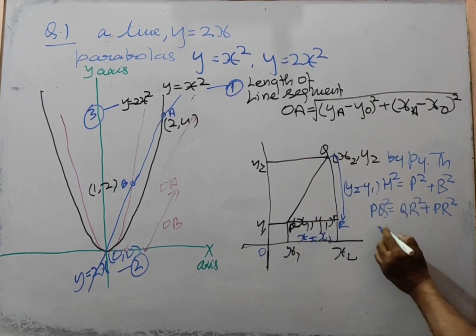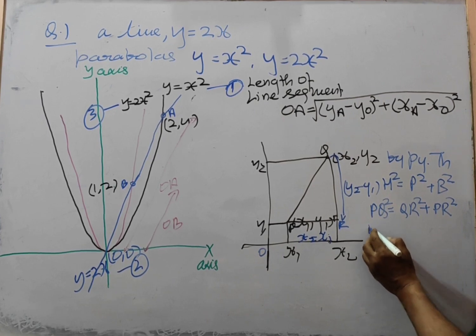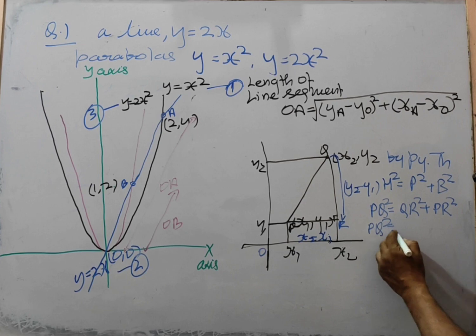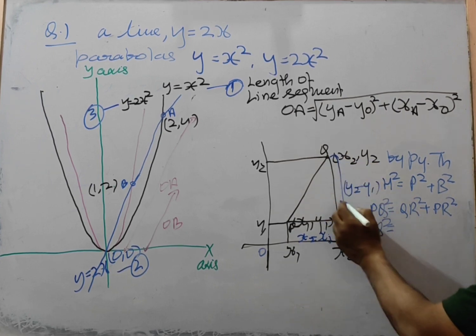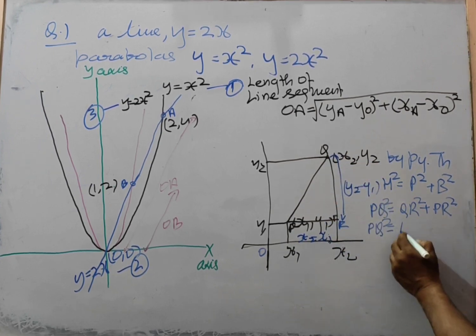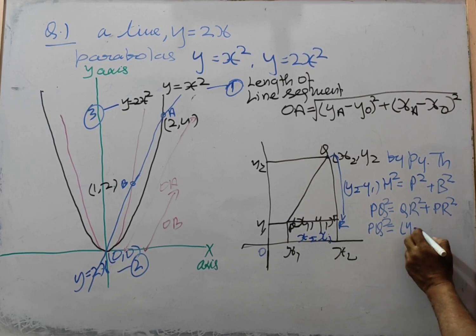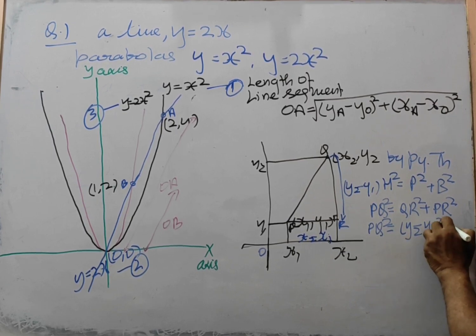QR is y2 minus y1 and PR is x2 minus x1, so PQ square is y2 minus y1 whole square plus x2 minus x1 whole square.